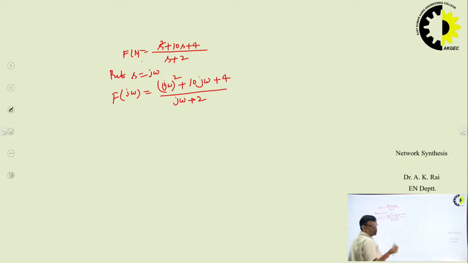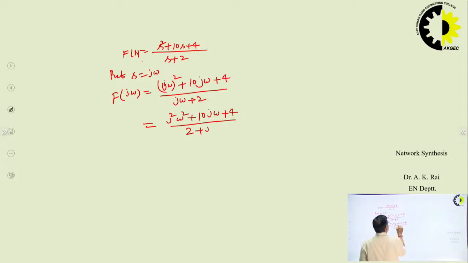To separate the real and imaginary parts, we multiply by the conjugate of the denominator. So this can be written as (j square omega square plus 10 j omega plus 4) divided by (2 plus j omega), multiplied by (2 minus j omega) over (2 minus j omega).